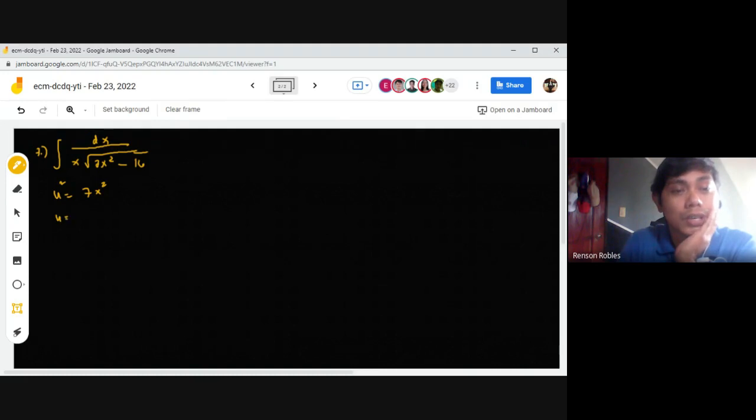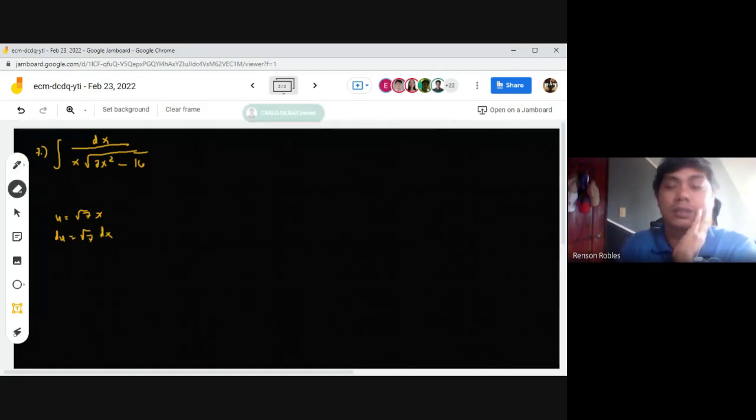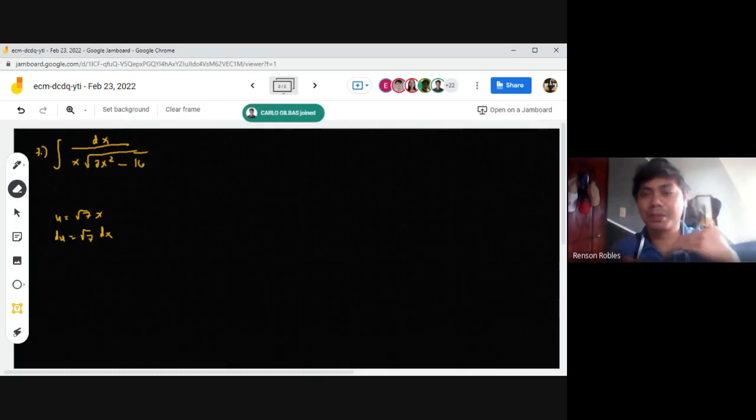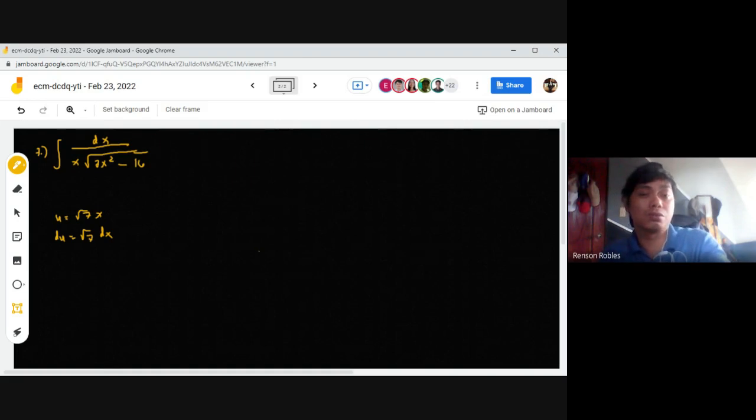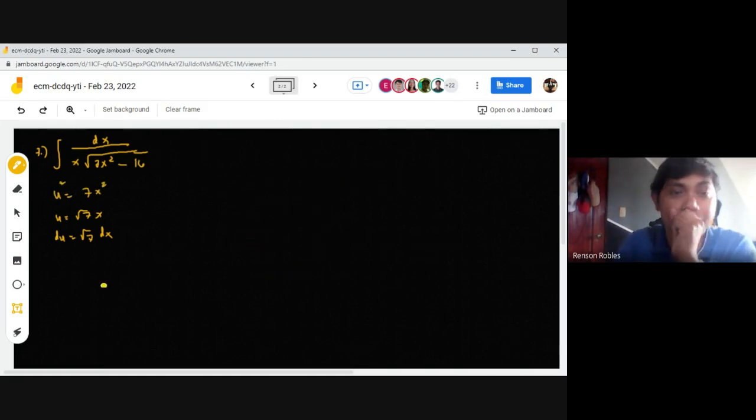Then u is square root of 7x, and you know that du is square root of 7 dx. You can also go straight ahead. You may not write this. If you already know the process, you can just readily take the square root of this and let it be u and then let it be a. It's okay even if you don't write the u squared. And then you know that a squared is equal to 16 and you know that a is equal to 4.